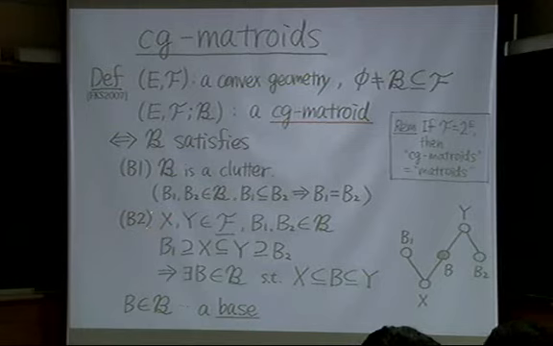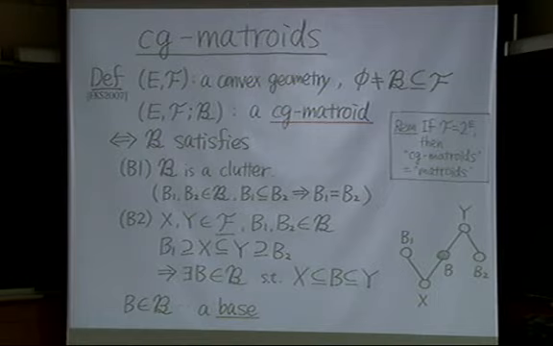That is the following. For any X, Y in F and B1, B2 in script B, such that B1 contains X, Y contains X and B2, then there exists some element B in the script B such that X is contained in B and Y contains B. So this means if we have X and Y and B1 and B2, and X is contained in both B1 and Y, and Y contains X and B2, then there exists some element B here that contains X and is contained in Y. This property is called the middle base property of matroid.